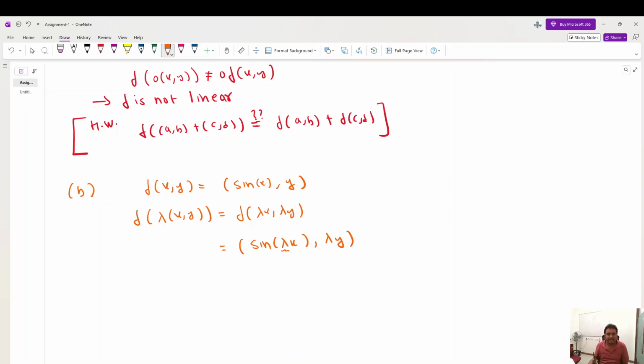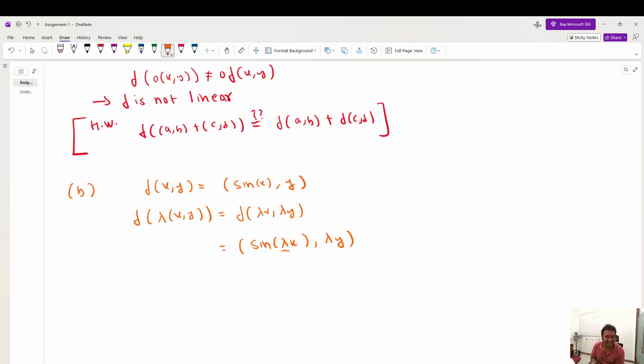Can you take this lambda out? No, you haven't learned any such property. But for some numbers, maybe lambda equal to 1 or minus 1, it works. Think about it.